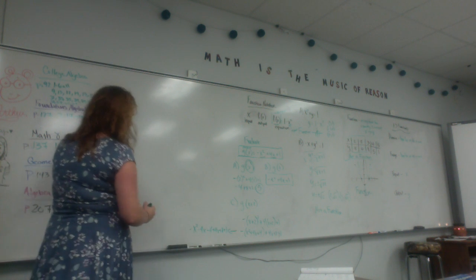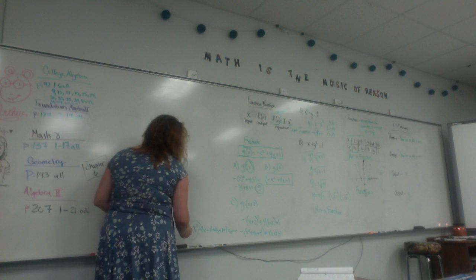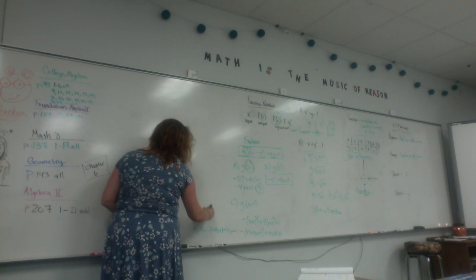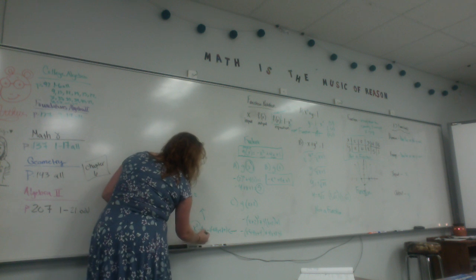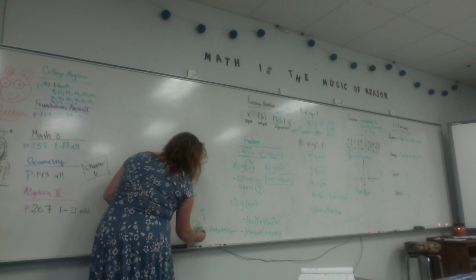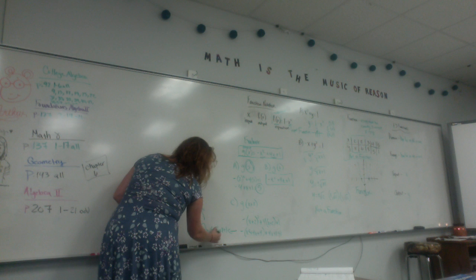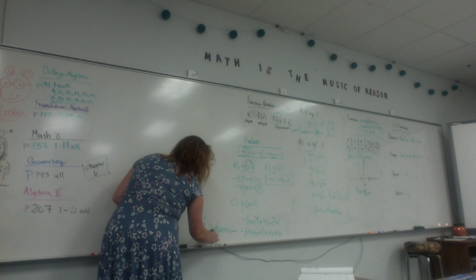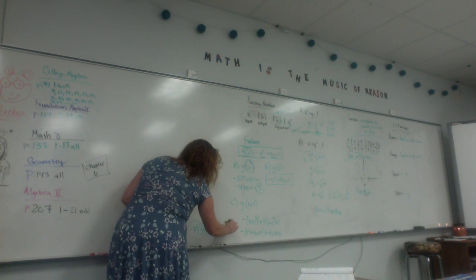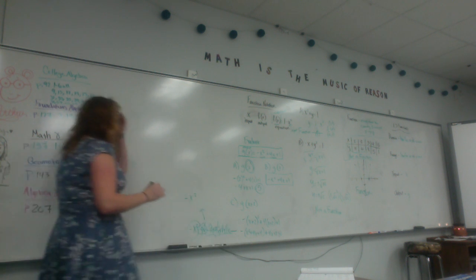From there, I combine like terms. This is the only one that is x squared, so I get negative x squared. This is negative 4x, and I have a positive 4x, so they cancel. I have a negative 4, a positive 8, and a positive 1.